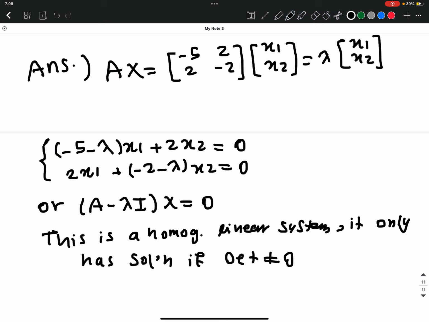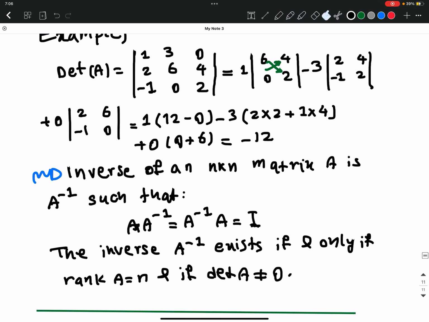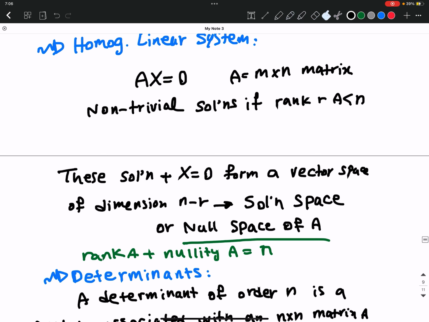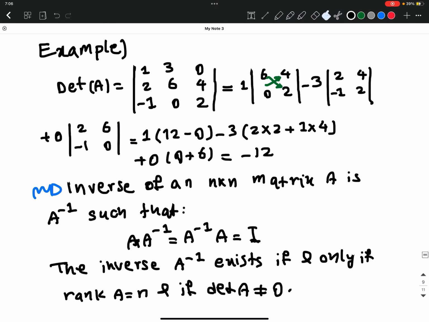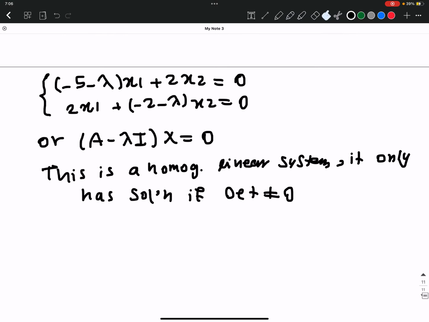This is what we talked about: if you have a linear system, it has only a single solution if the inverse exists, and only if the determinant is not 0. So for a nonzero solution, I need to calculate its determinant and make it 0.